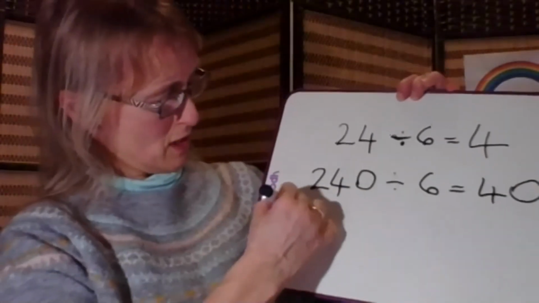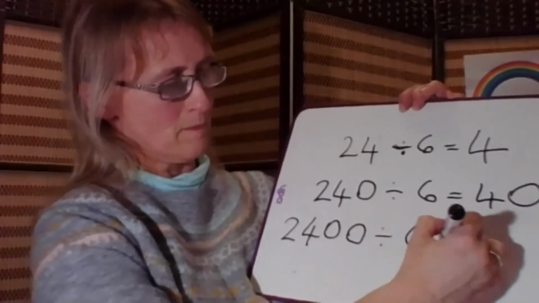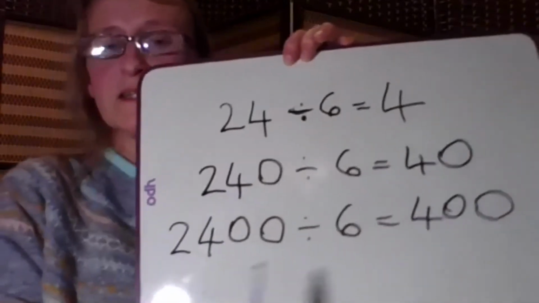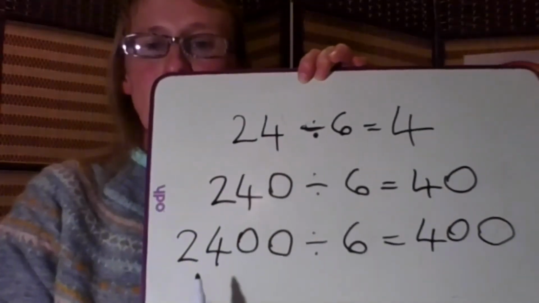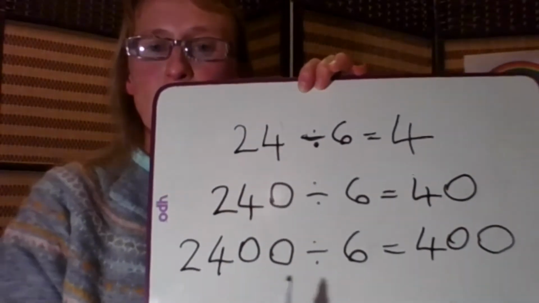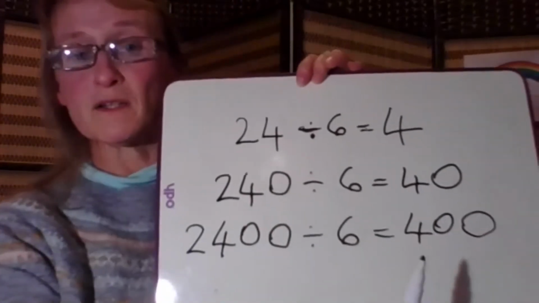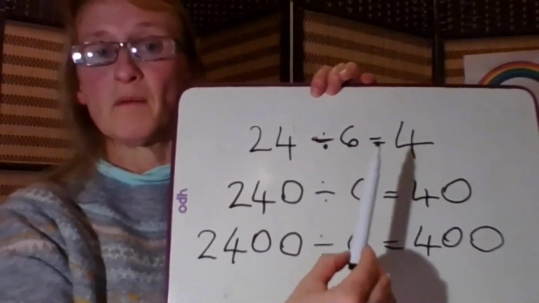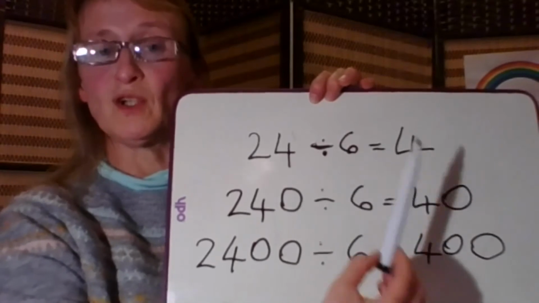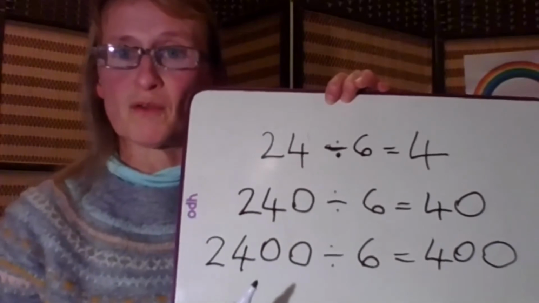I've made the 24 10 times bigger, and now I've made 4 10 times bigger. And if I make it 100 times bigger, magic, it works exactly the same. I've made my 24 into 2,400, divide it by 6, and I've got 400, because there were 4 6s in 24, there are 400 6s in 2,400.